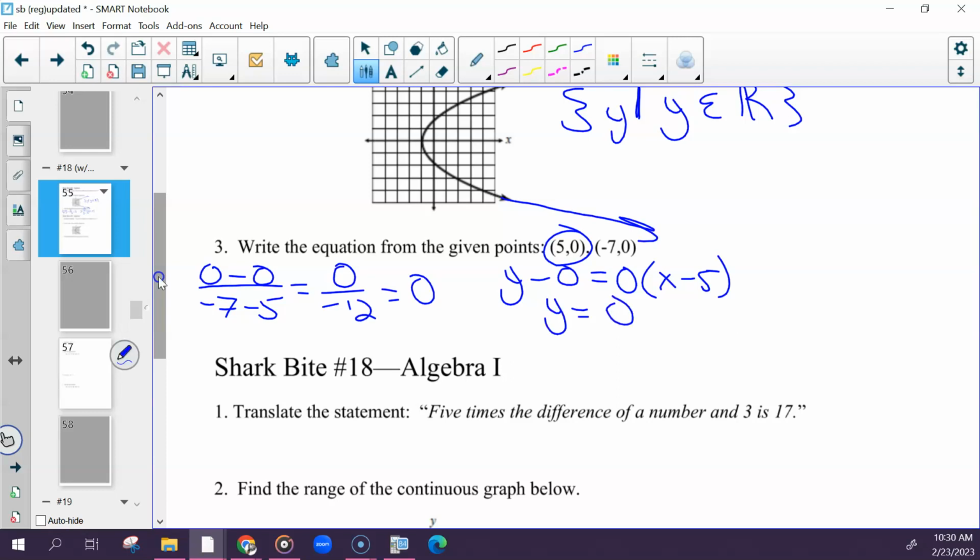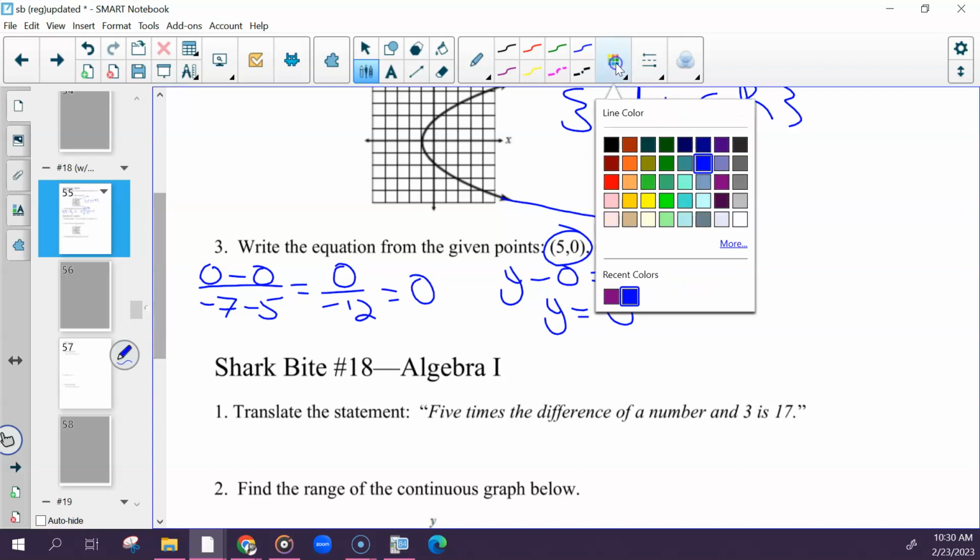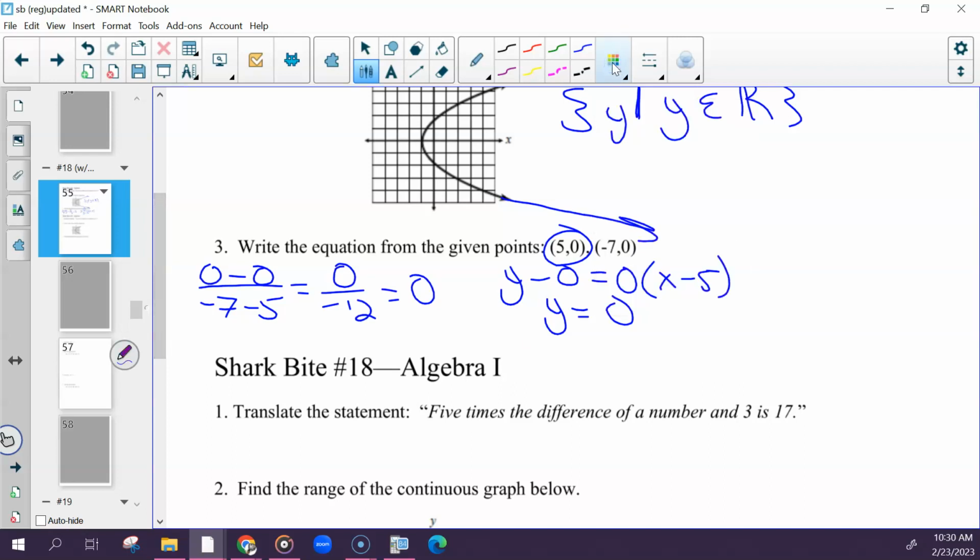So all your other variables disappear. The without work would be to remember your toy box. If I know we have a 0 slope, this is going to be a y equals. Because I know this is a y equals, I can look at what the y values are and jump straight into your equation.